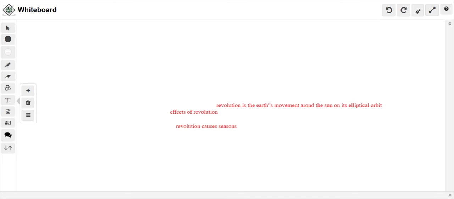So the temperature differs from its position on the orbit, and also the poles have a great difference. Meaning, if it is summer in the North Pole where I live, then it is winter in the South Pole. If it's spring in the North Pole, then it's autumn in the South Pole. Not South Pole, but it's the Northern Hemisphere and Southern Hemisphere.